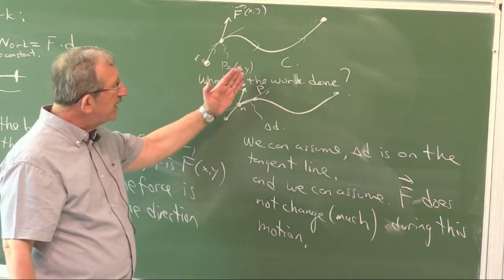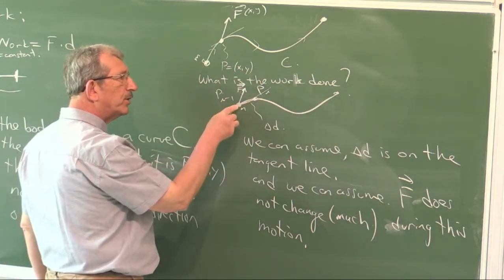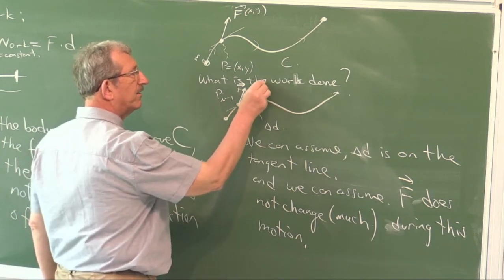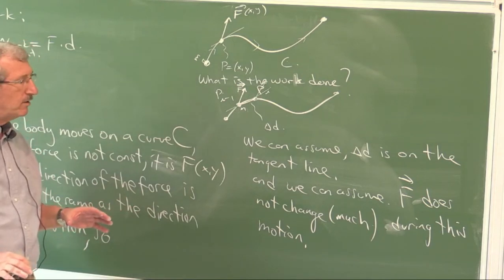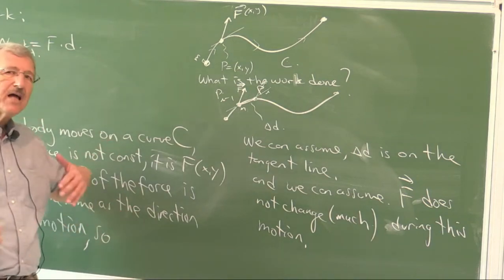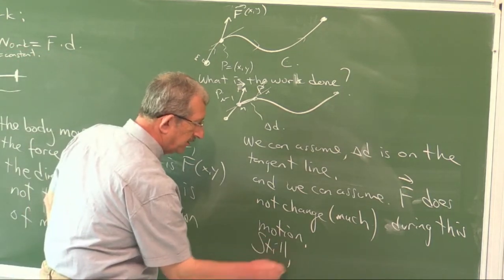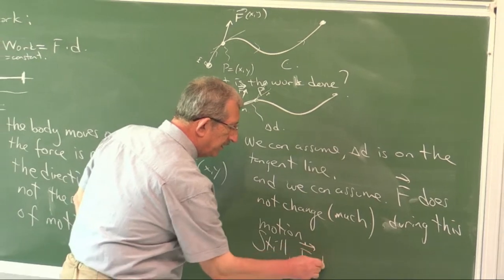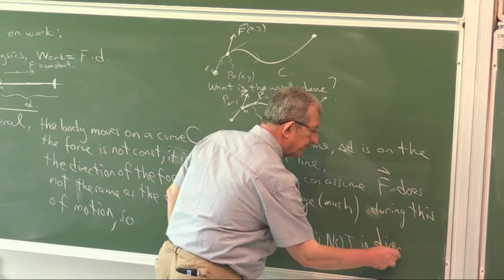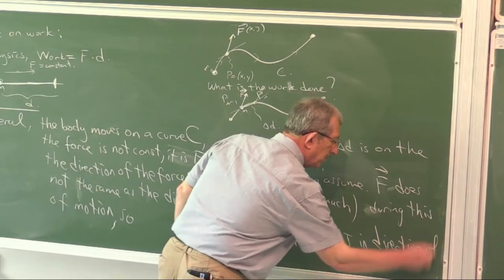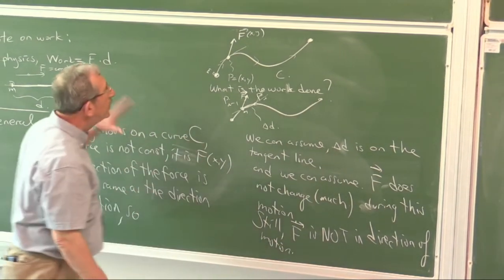Well, f does not change much from here to here. Namely, if this is our f at this point, it's again the same f at the point pi. However, the direction of f is not in the direction of motion. So still, f is not in direction of motion. So we can still not use the formula.